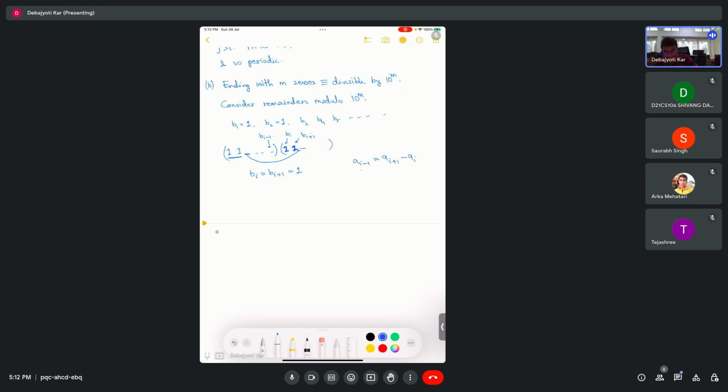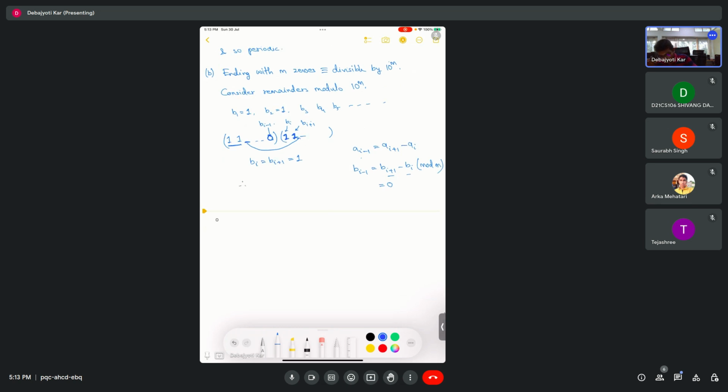So if we divide by the modulus, we get bi minus 1 is bi plus 1 minus bi modulo the modulus. But bi plus 1 and bi both are equal to 1, so this is 0. Which means the preceding term must have been 0. So we get bi minus 1 congruent to 0, and we are taking the remainders with respect to 10 to the power m.